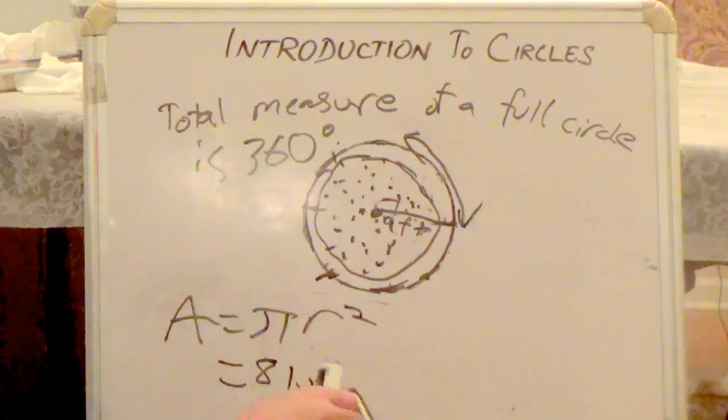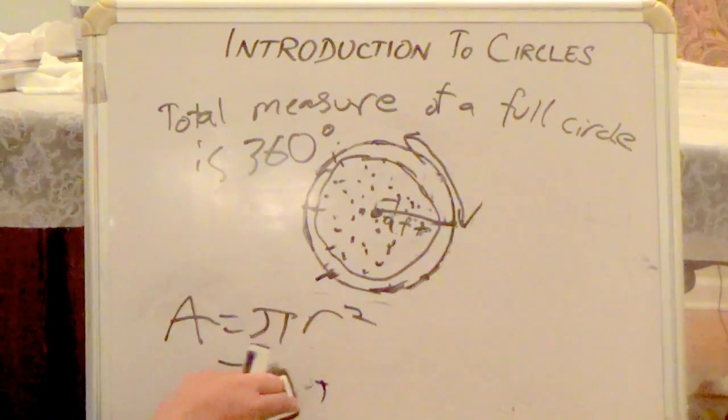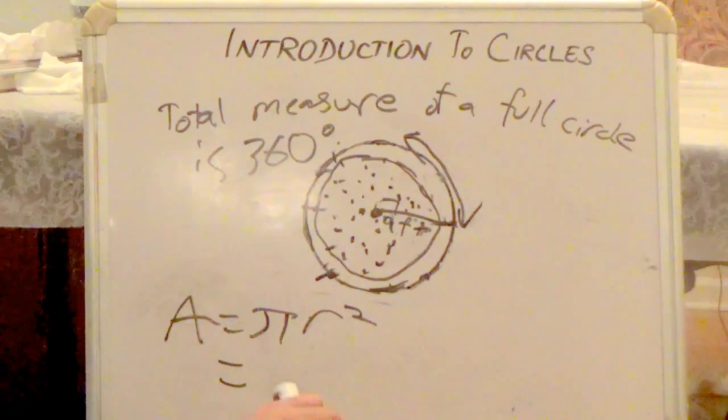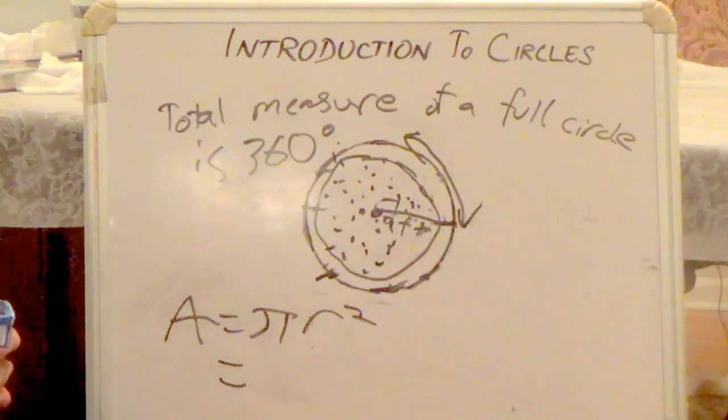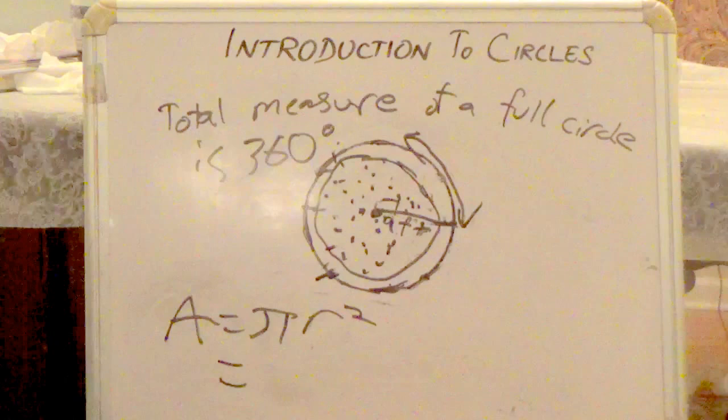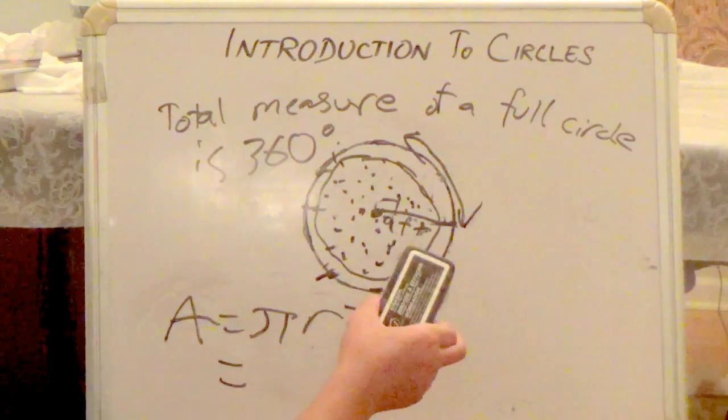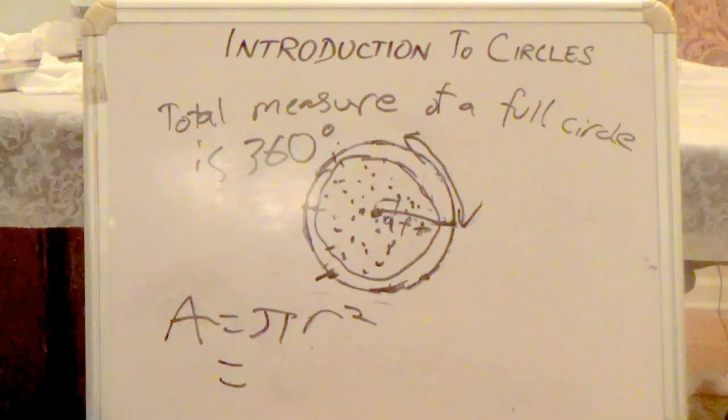Pi is yummy. However, let's say you have 2 siblings. Siblings are brothers and sisters. So let's say you have 2 siblings, and you have your 9-foot radius pizza, and all 3 of you are willing to share.